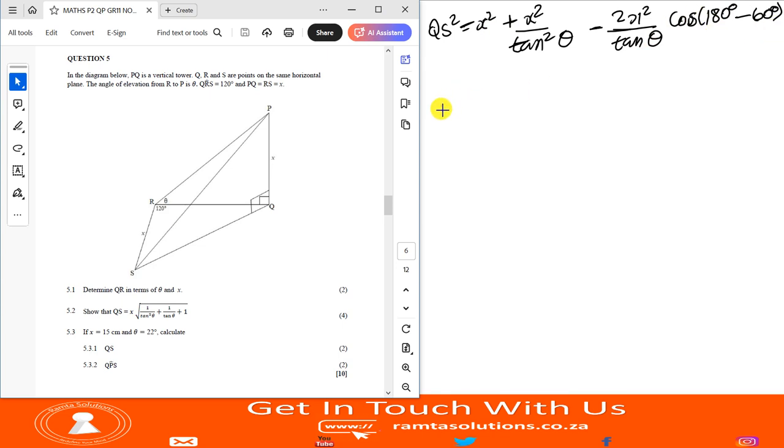Proceeding, QS squared equals x squared plus x squared over tan square theta minus 2x squared over tan theta.